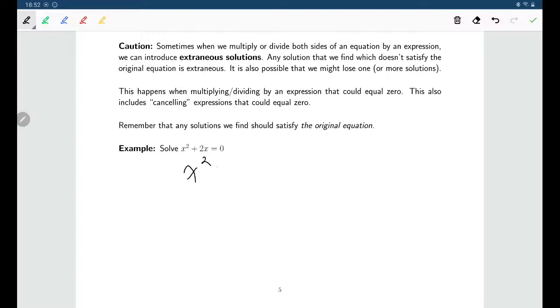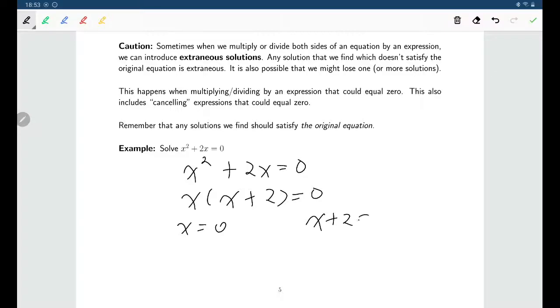If we were solving x squared plus 2x equals 0, I could factor x out, and we could find that yes, actually x is 0, or x plus 2 is 0, meaning that x is negative 2. So there should actually be two solutions in our solution set, not just negative 2, but 0 as well as negative 2. And when I decided to divide everybody by x, that wound up causing me to lose a solution.